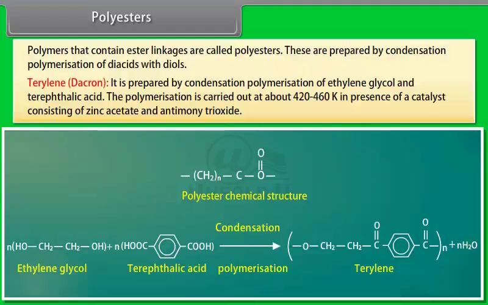The polymerization is carried out at about 420 to 460 K in the presence of a catalyst consisting of zinc acetate and antimony trioxide. The fiber of terylene is strong, crease-resistant, durable and has low moisture absorbing capacity.